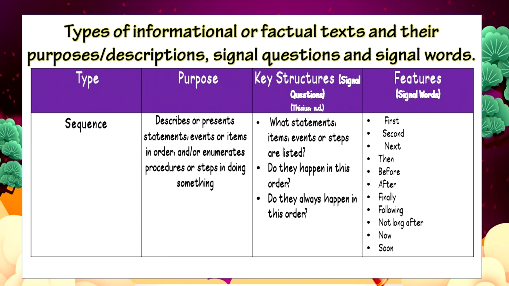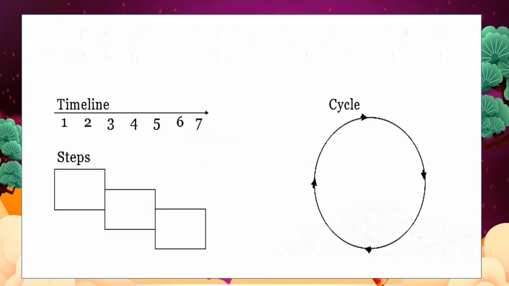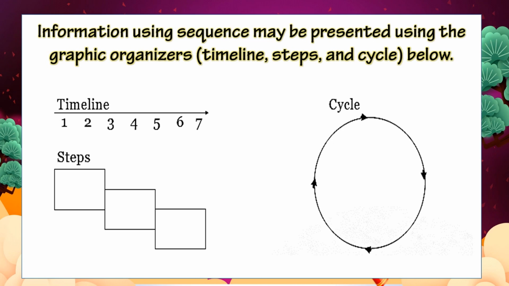Do they always happen in this order? And the signal words are first, second, next, then, before, after, finally, following, not long after, now, soon. Information using sequence may be presented using graphic organizers, as shown in the picture.